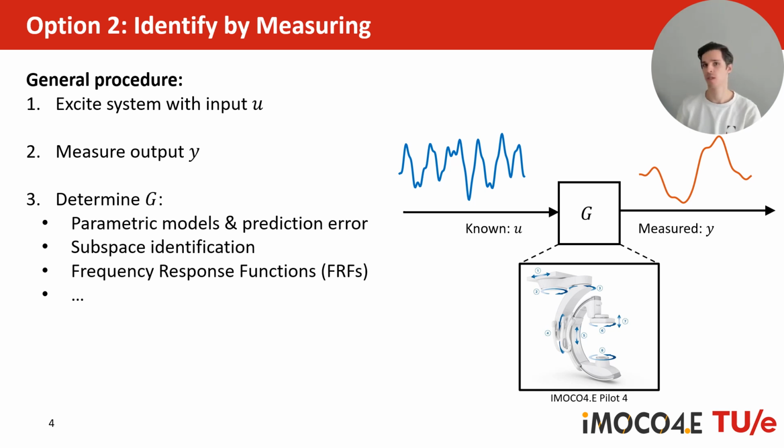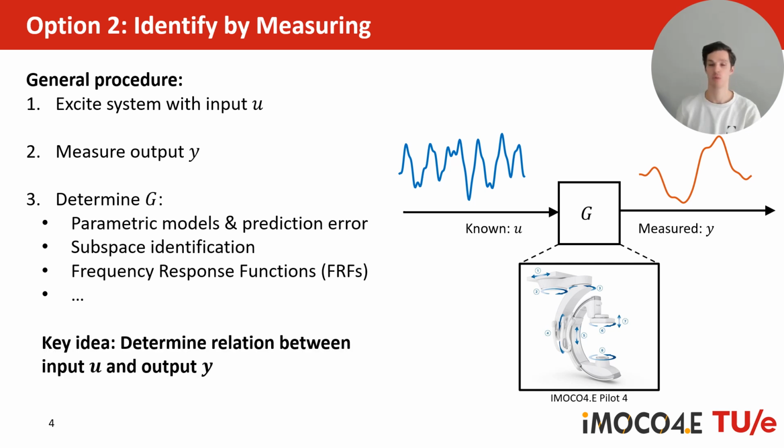Maybe we do subspace identification or frequency response functions, and there are again many more options here. But the key idea behind all these methods is that we want to determine a relationship between the input U and the output Y, or a mapping, so to say. And that is then our plant G. This presentation will focus on frequency response functions only, which will be shown in the coming slides.